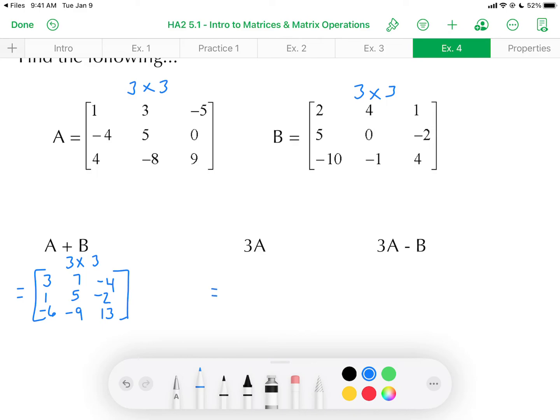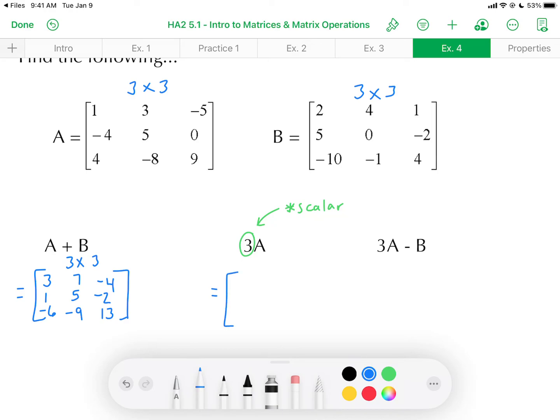All right, now the next thing we're asked to find is 3 times matrix A. So this 3 is what we call a scalar. This is an example of scalar multiplication. And it's super simple. It just wants us to take every element of matrix A and triple it, multiply it by 3.